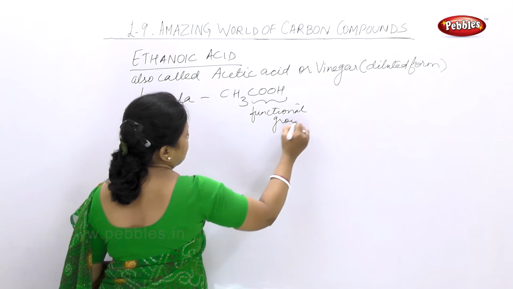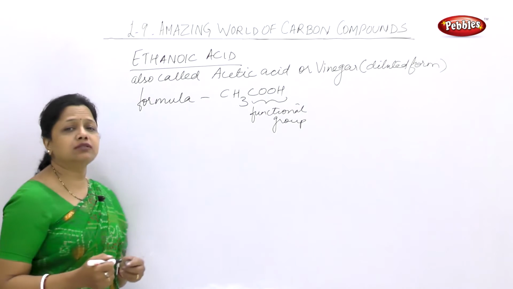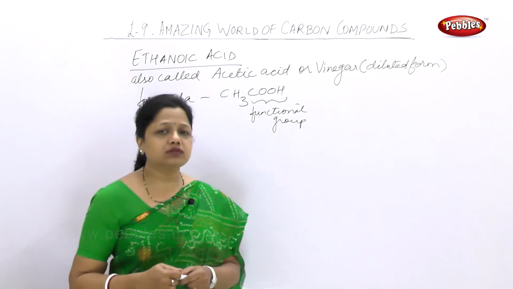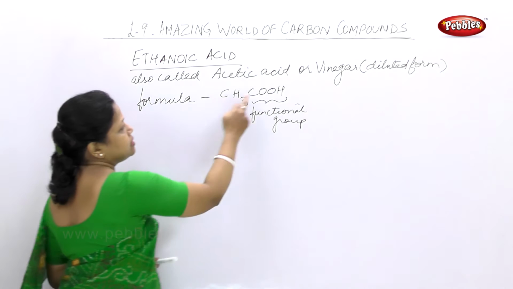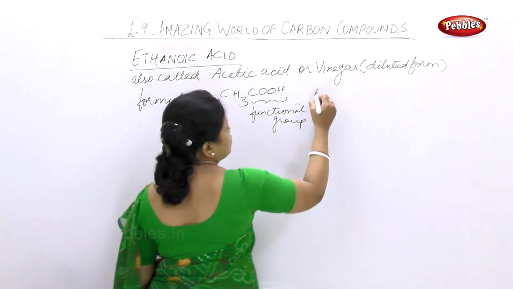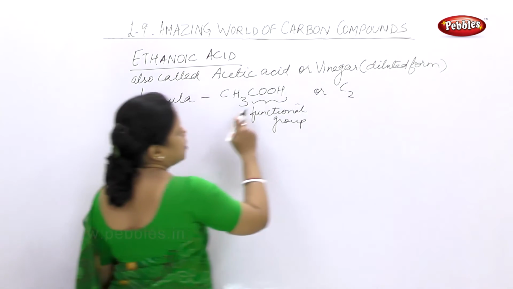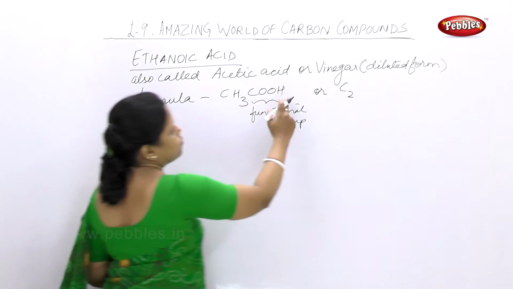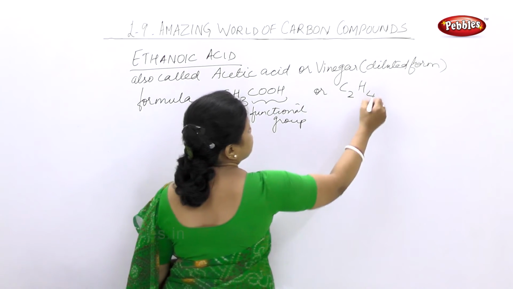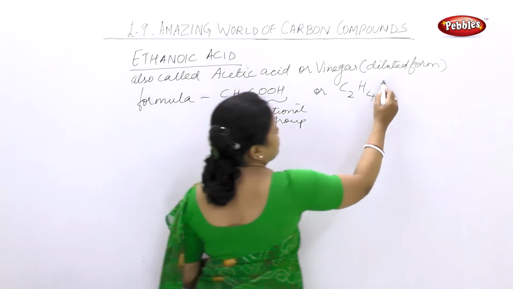Now if I ask you what is the molecular formula, what will you say? You will just say how many C's are there? There are 2 C's, so you will say C2. How many H are there? 4. So C2H4. How many O's are there? O2.